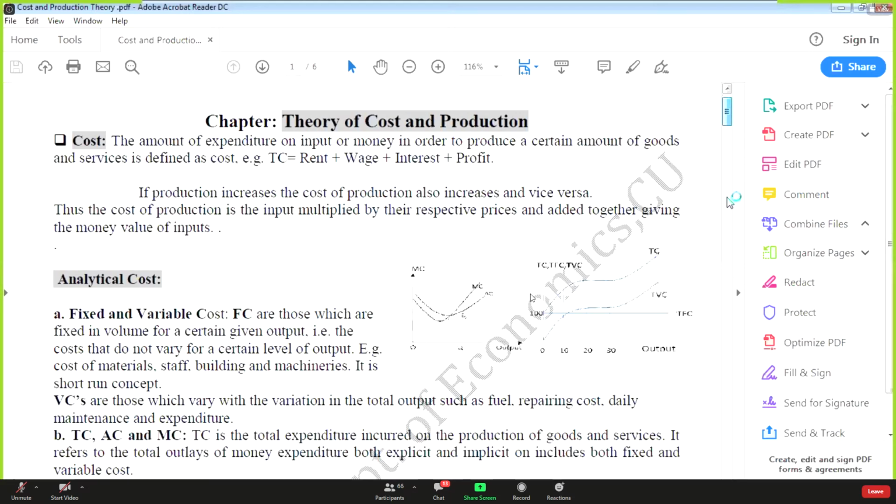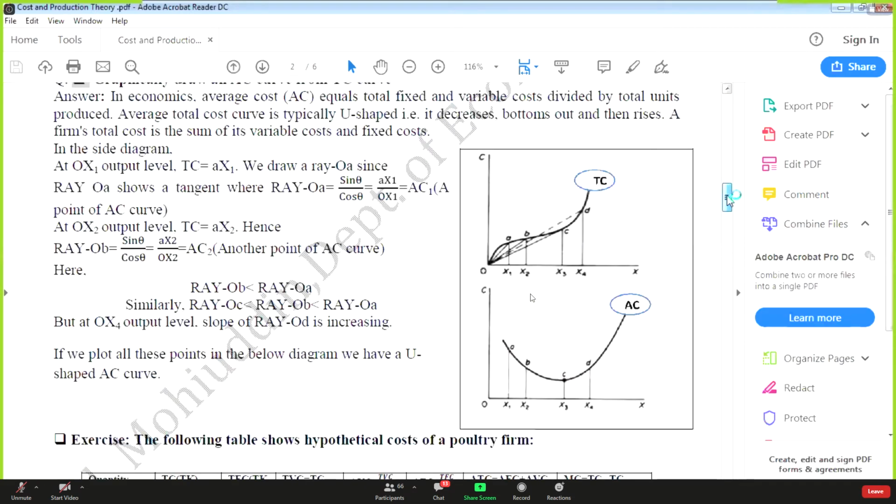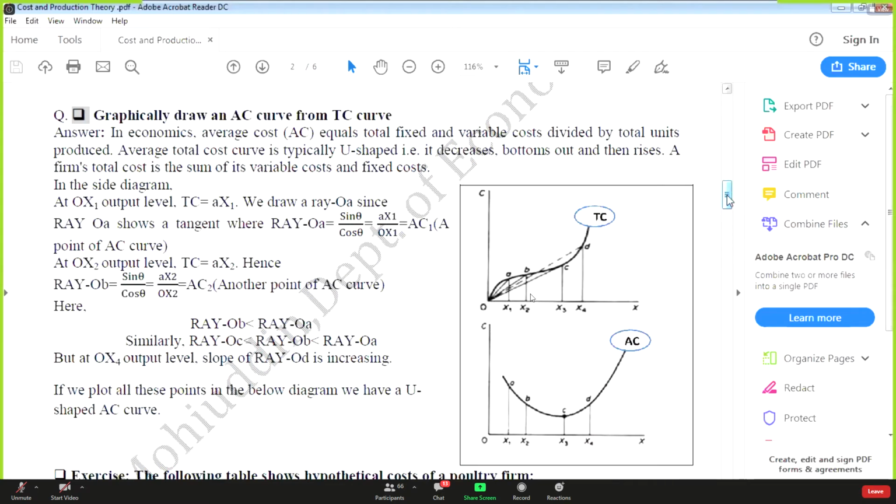Okay, so it means the concept of short run total cost and long run total cost is clear to you. Yes, sir. Now tell me, for example, let one of your friends have already launched a production 6 months ago.